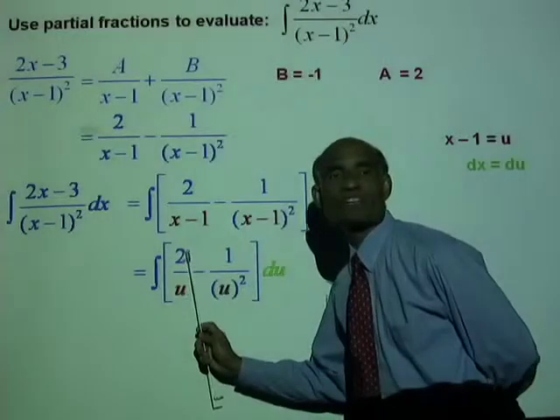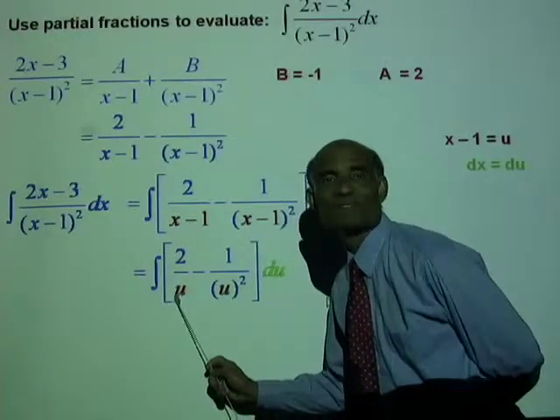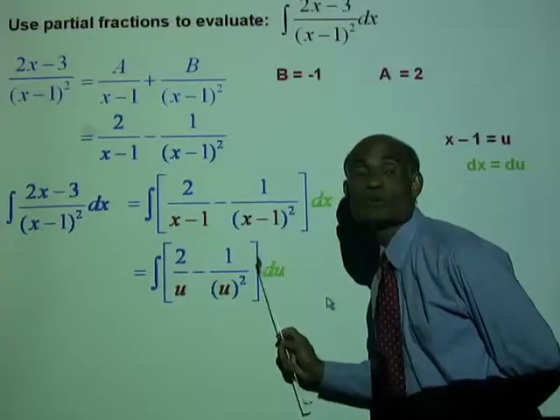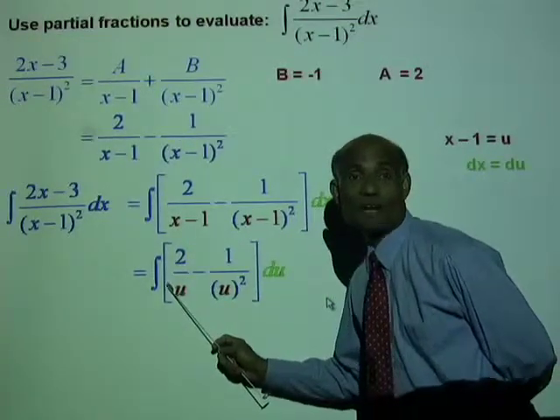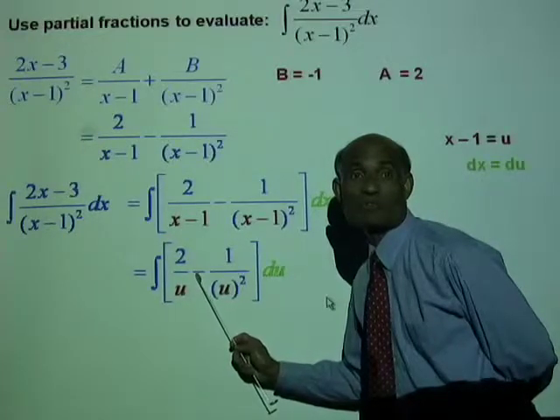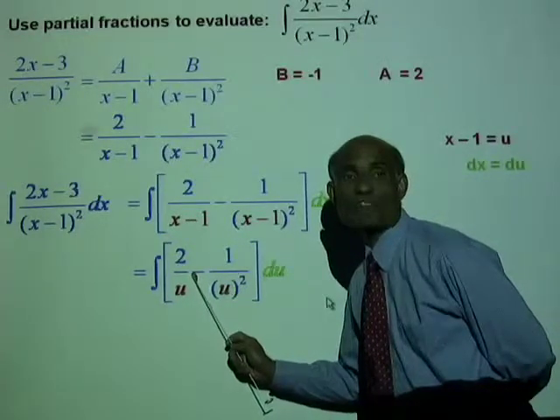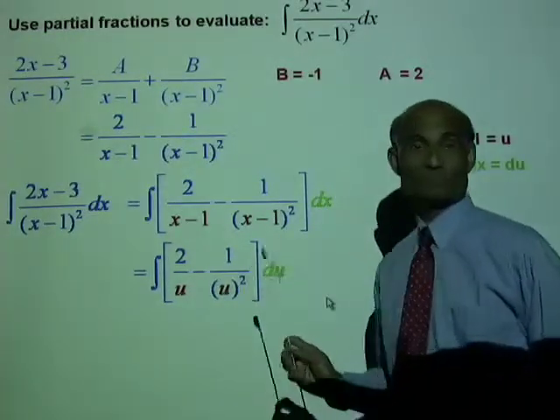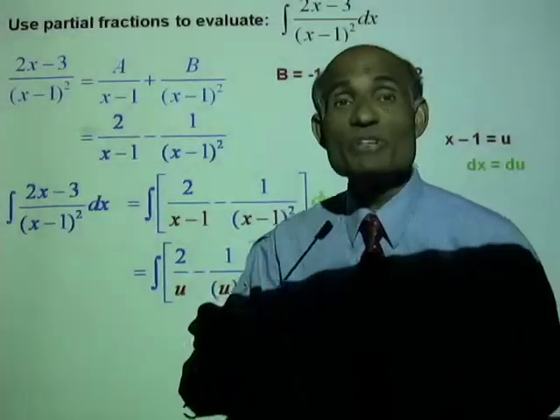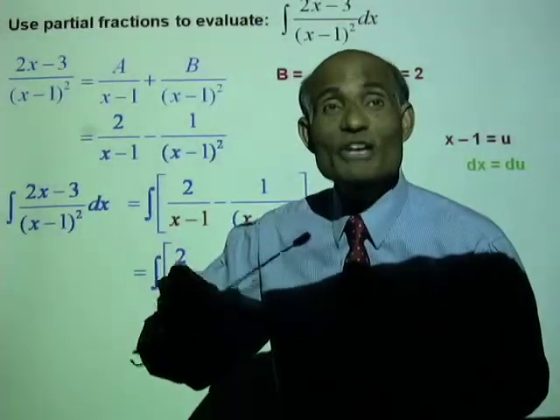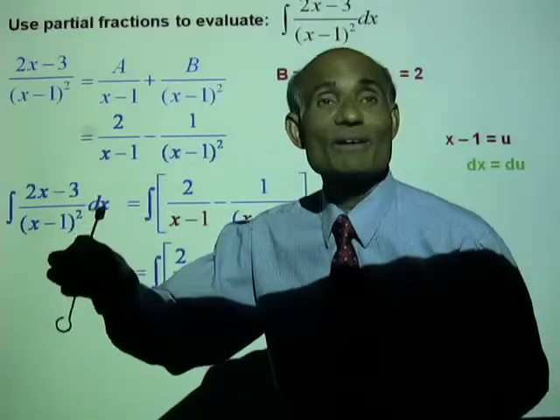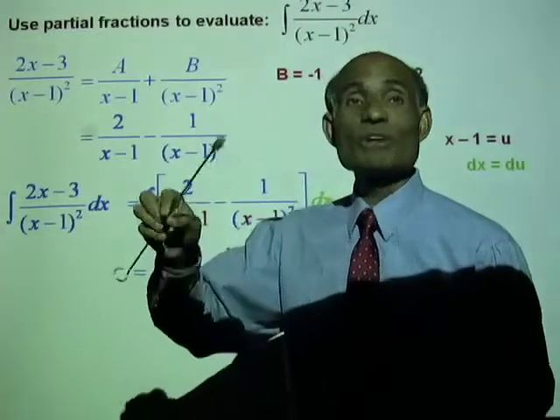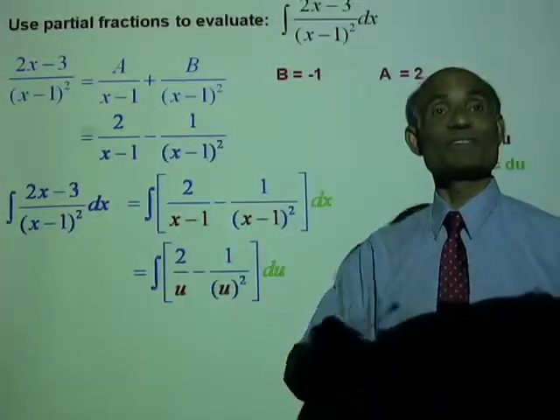Alright, tell me, what is the integral of 2 over u? It is 2 times the integral of 1 over u du. That would be ln of u. And let me see how many of you remember this. What is the integral of -1 over u squared du? Now remember, the derivative of 1 over x is -1 over x squared. So the integral of -1 over x squared dx will be 1 over x.